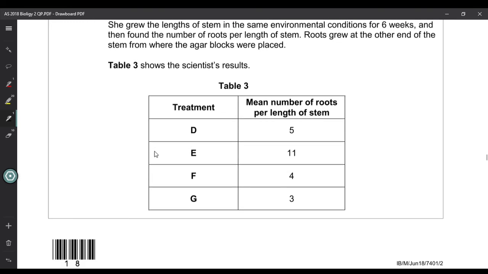And if we look at the results, we can see that the mean number of roots per length of stem has doubled. But note that even without treatment X, we're still getting a number of roots per length. It isn't that substance X is giving us roots and without substance X we're getting no roots. We're just getting more.